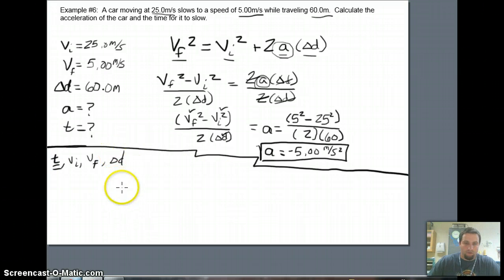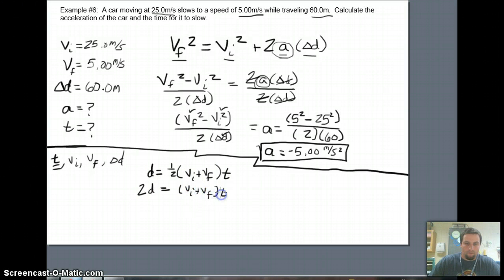Equation number 2 looks like a match: the distance traveled is equal to 1/2 times VI plus VF times t, and there's our t. So let's rearrange this equation to solve for t. We'll multiply by 2 on each side to get rid of the 1/2, giving 2D equals VI plus VF times t.